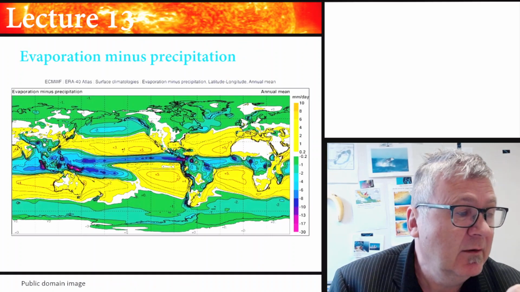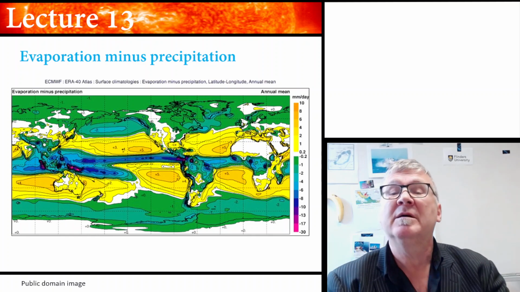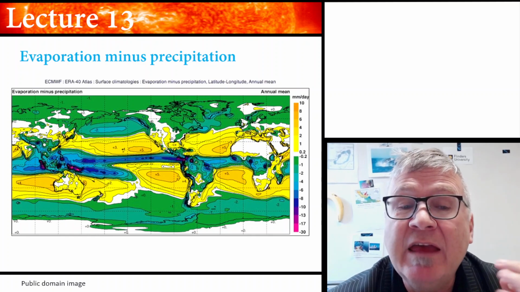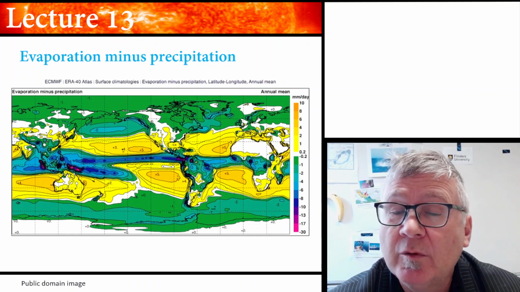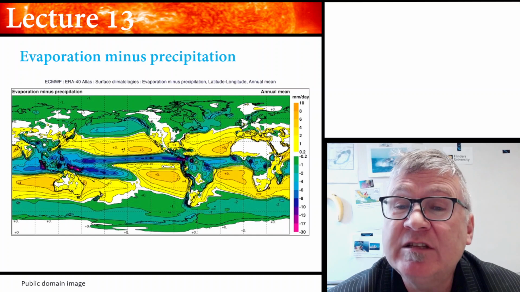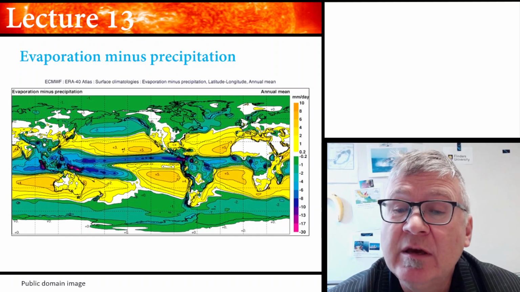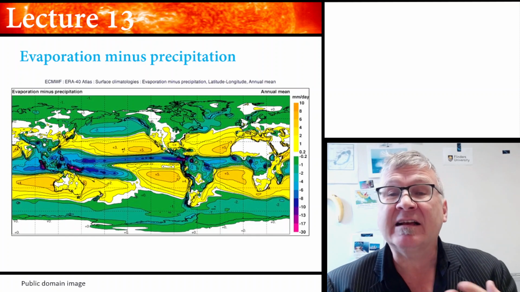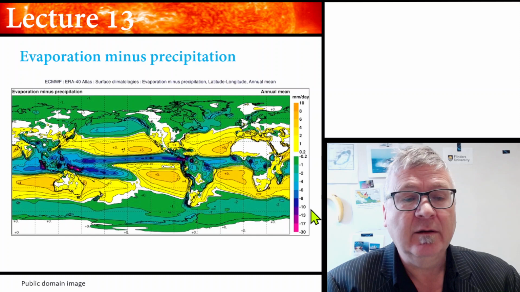So let's have a look at a map, a distribution, and this map shows you evaporation minus precipitation. It's the other way around. The regions where you have positive numbers, the yellow regions, are where you have an excess of evaporation. Have a look at that.